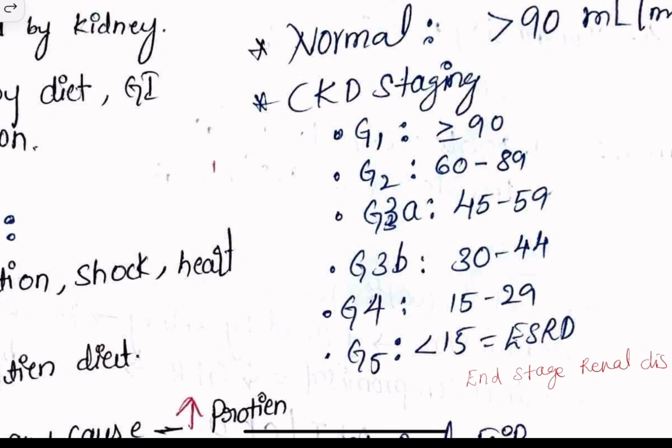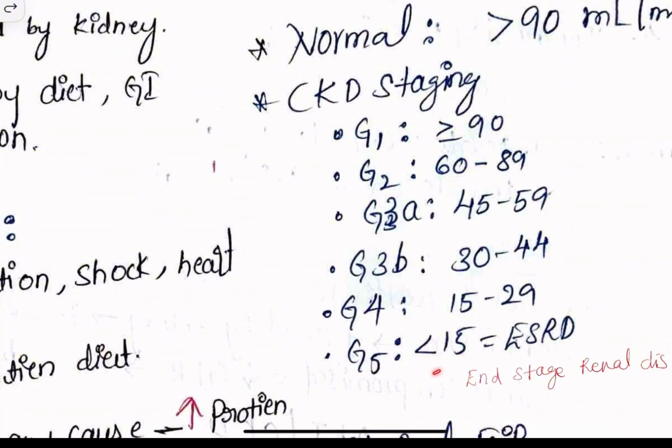Then the next one is the G4 stage, that is 15 to 29. In this condition, severe kidney damage can be seen, and kidneys are close to not working at all. It is not that the kidneys are completely not working, but they are near to not working. Then the last stage is G5. It is less than 15.